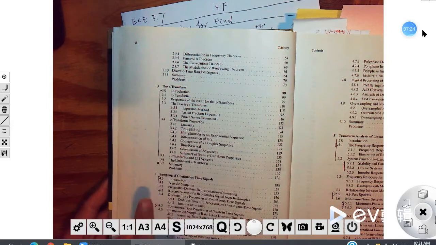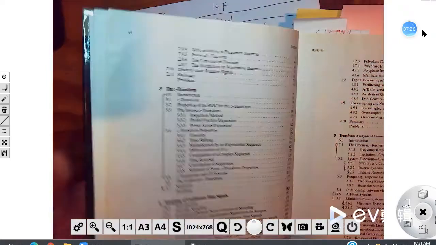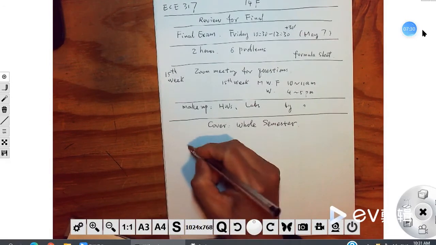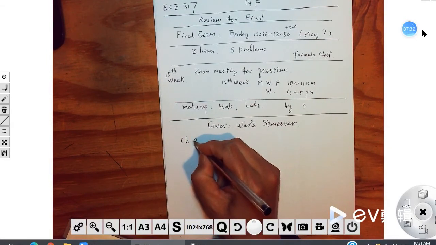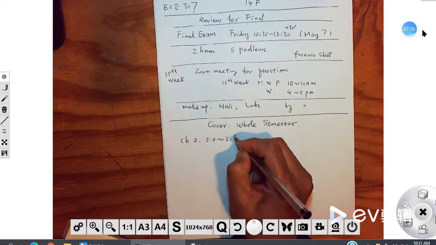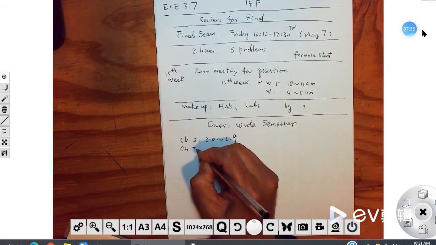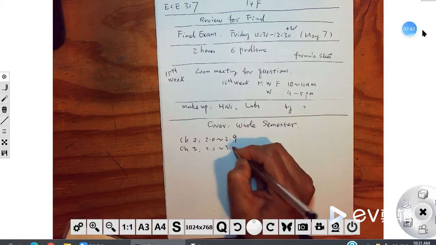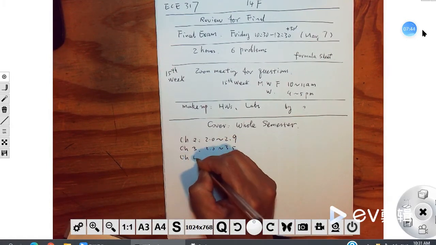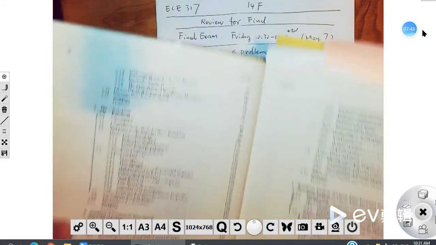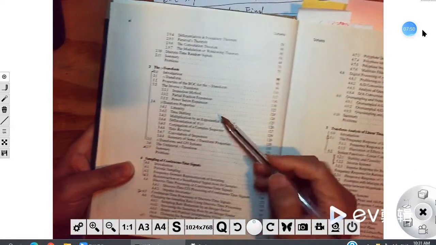Let me write it. Chapter 2 from section 2.0 to 2.9, chapter 3 from section 3.0 to 3.5, and chapter 4 from 4.0 to 4.3.